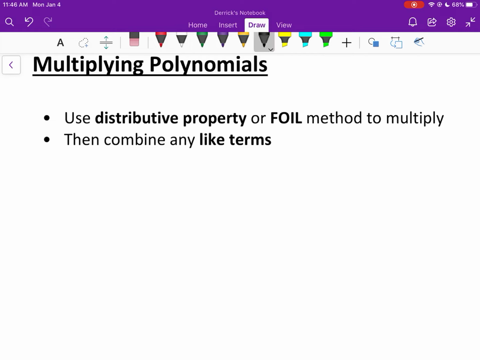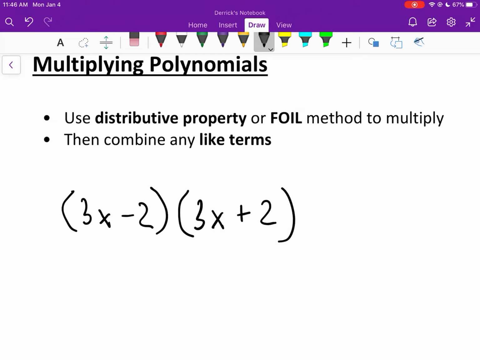For example, let's say I asked you to simply take the polynomial 3x minus 2 times the polynomial 3x plus 2. Well, this is a binomial times a binomial, so we could choose to do this by FOIL. If you understand FOIL, feel free to do it that way.